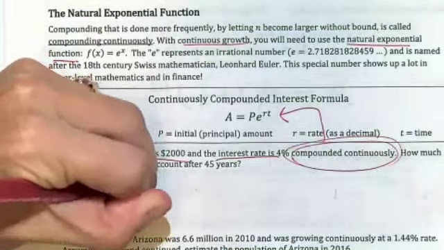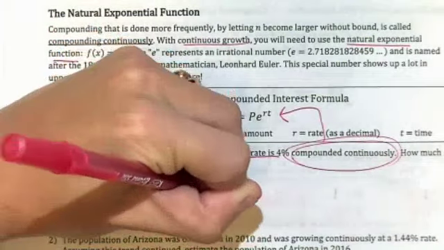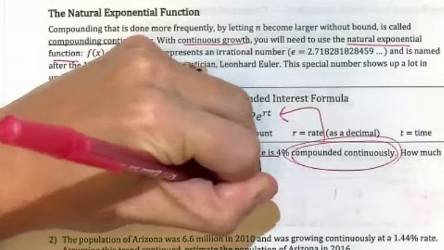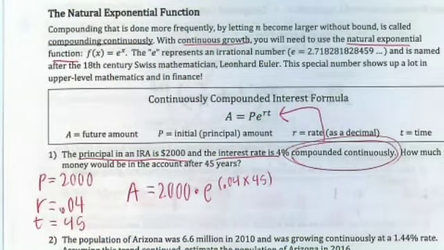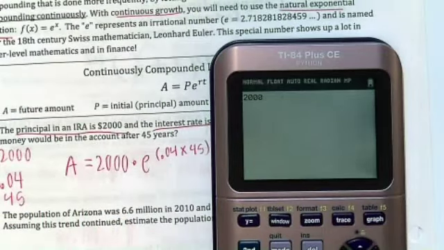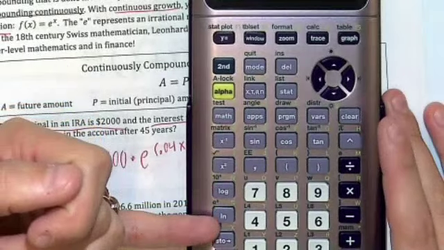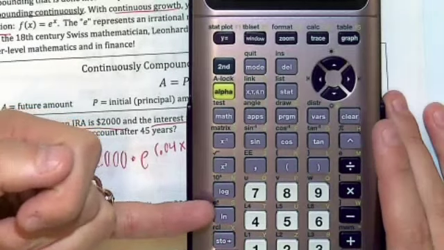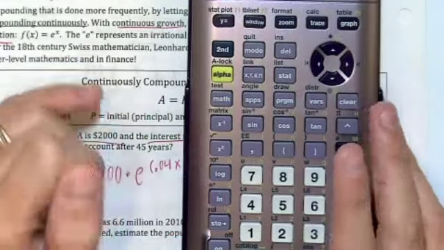So I'm going to put this in my calculator, but I'm going to write it out really quick. A is equal to P, which is 2,000, times e to the r times t. All right. Here we go. A is equal to 2,000 times e. E is in your calculator. If you look at the ln, it's right near log. Ln is below log, and above ln is e to the x. So you're going to have to press second, e to the x.